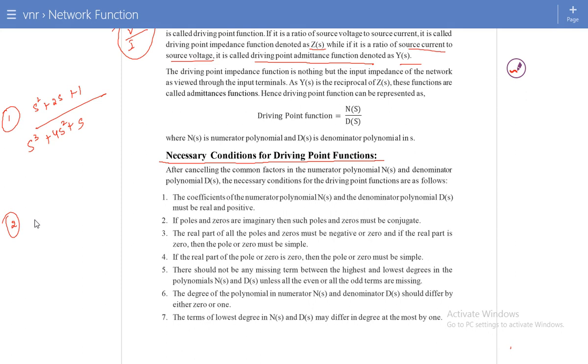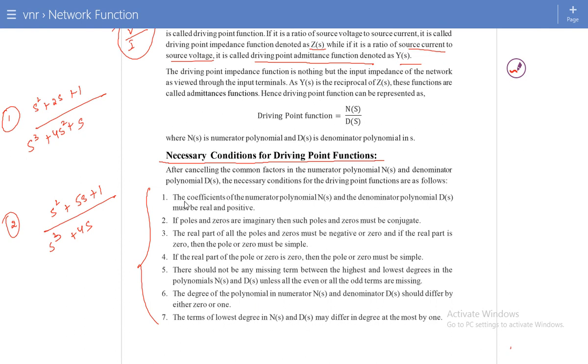The second function I am writing as s square plus 5s plus 1 divided by s cube plus 4s. These are the two functions, and I am asking you to find whether they satisfy these properties and whether they are driving functions or not. We will see one by one clearly.